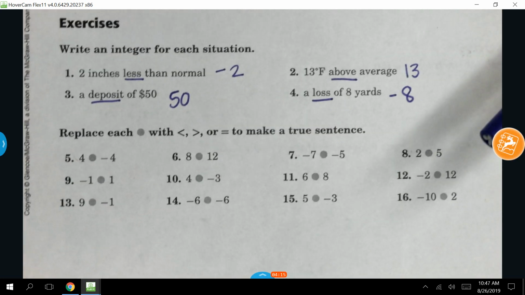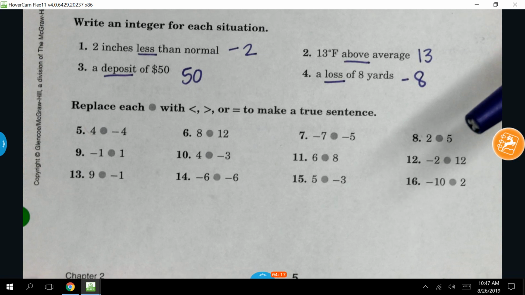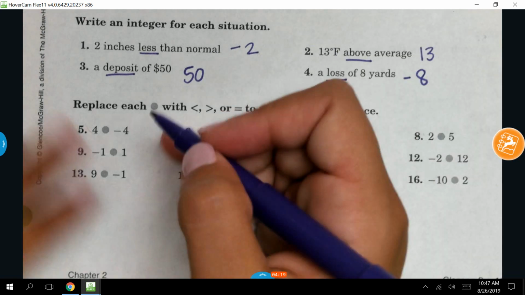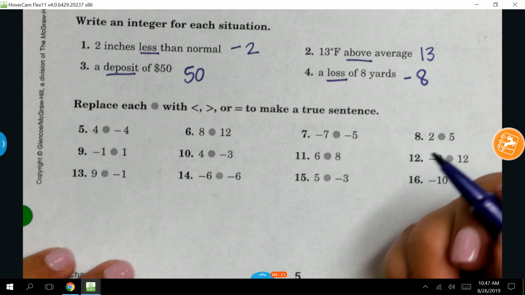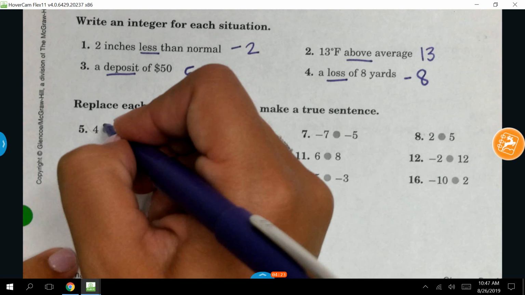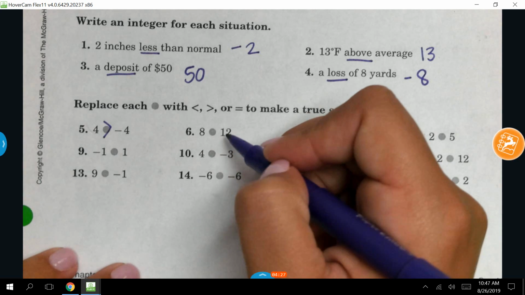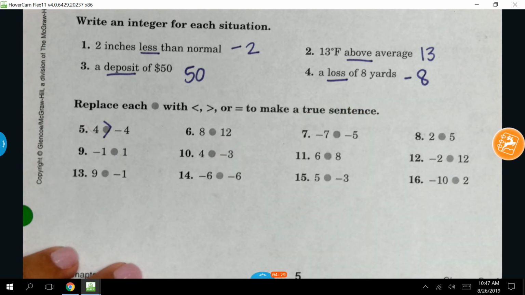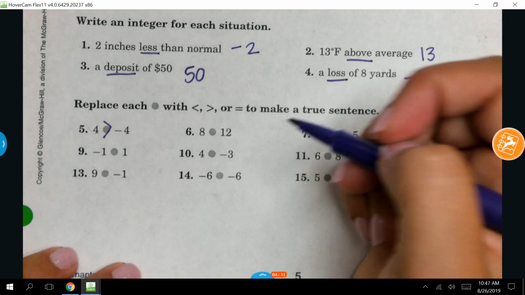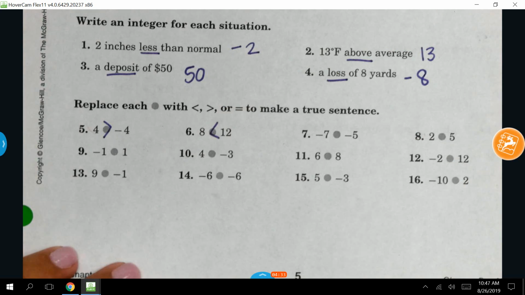All right, 5 through 16, I am just ordering those numbers again. Number 5, I've got 4 and -4. So 4 is greater than -4. 8 and 12 is less than. Y'all are being quiet.